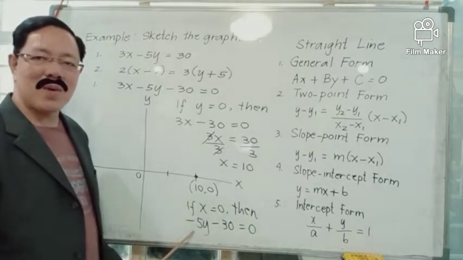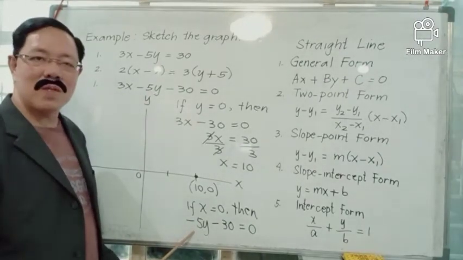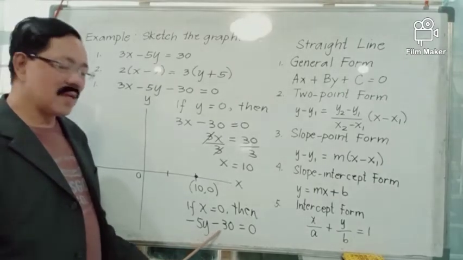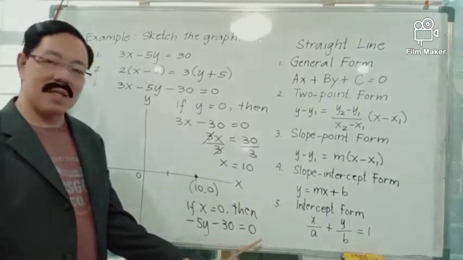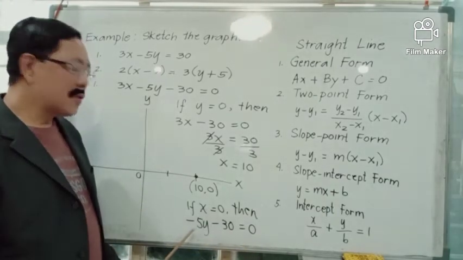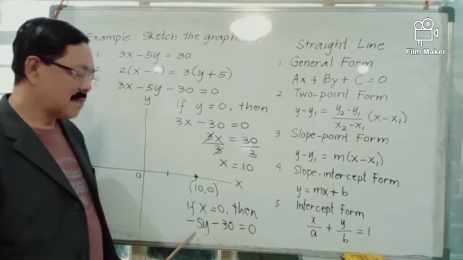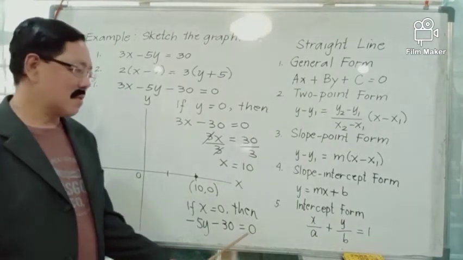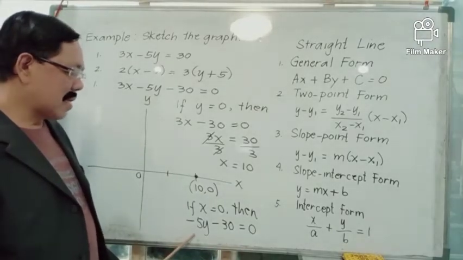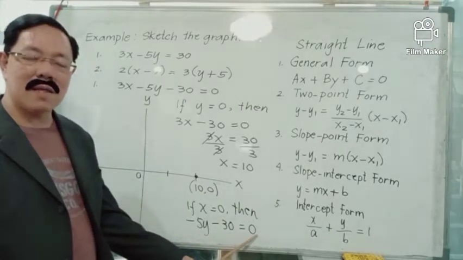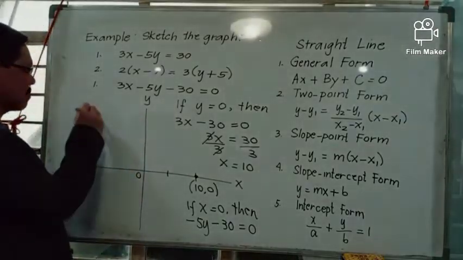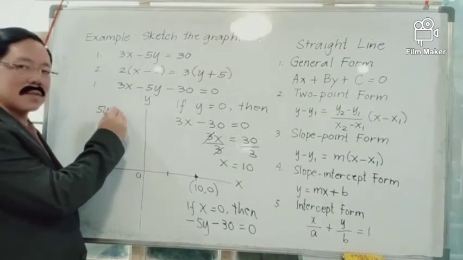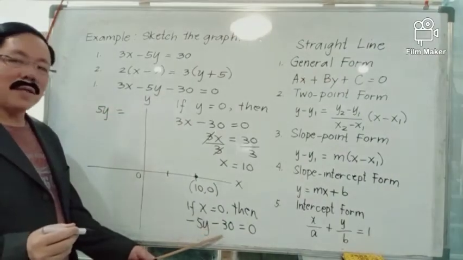This is now a linear equation in y from which we will solve for the value of y. We transpose negative 30 to the right-hand side, it becomes positive 30. Or you may transpose negative 5y to the right-hand side to make the coefficient of y positive. I will transpose negative 5y to the right-hand side and we get positive 5y equals negative 30.